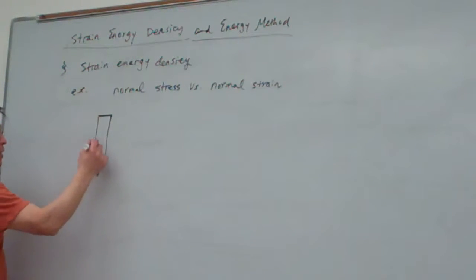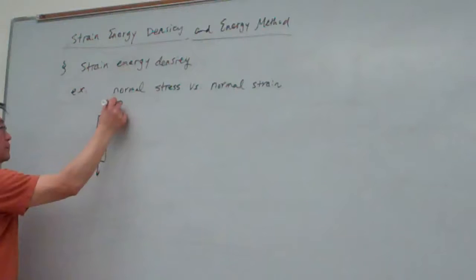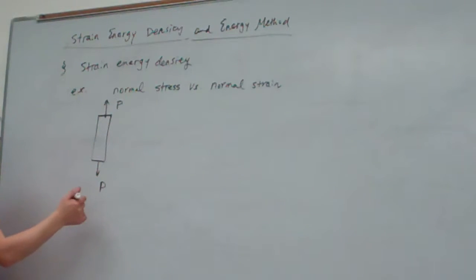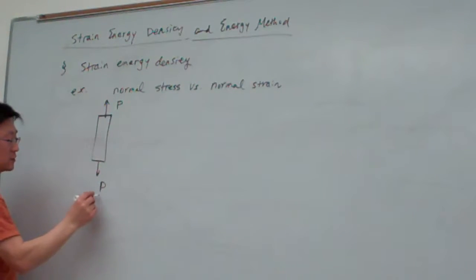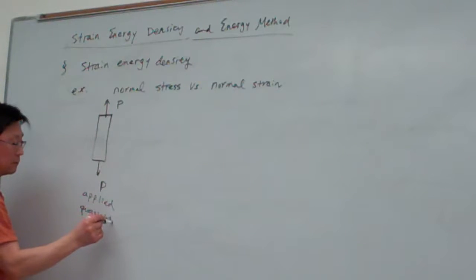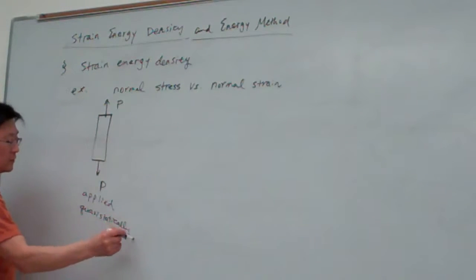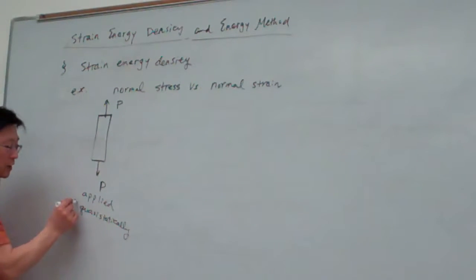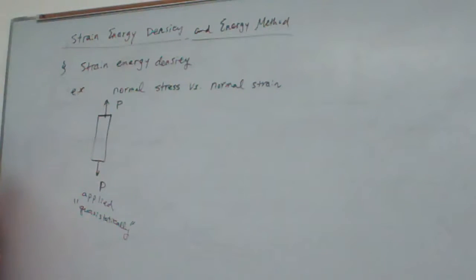A sample is under loading. The loading is applied slowly. Basically, we say quasi-static. Okay, so that means we don't want to apply it too quickly and induce any dynamic influence.